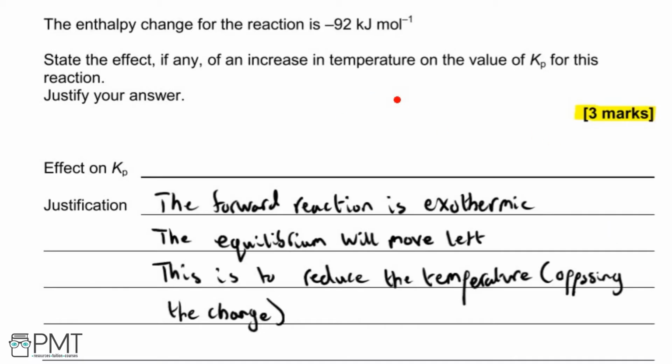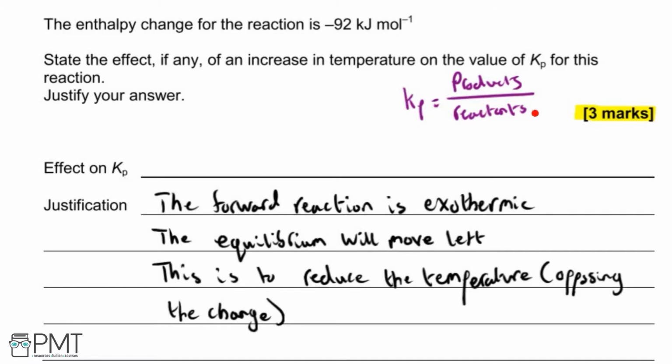So Kp, like other equilibrium constants, has products over reactants. So in this instance, the equilibrium is moving left, which means that the mole fraction of our products is going to reduce and the mole fraction of our reactants is going to increase.